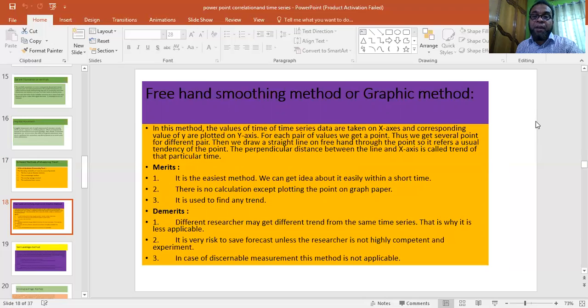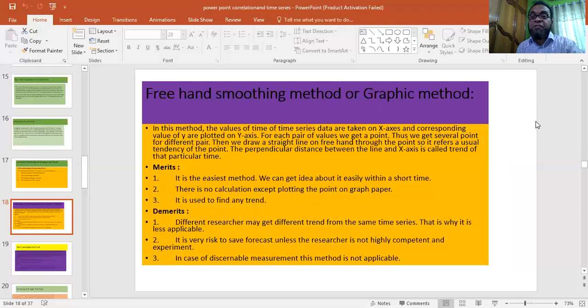Then you will join the points with the scale. This is called the trend line. After joining, probably you will get a curved line. This curved line is called the trend by the graphical method.